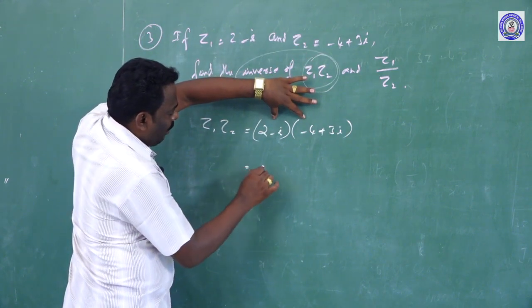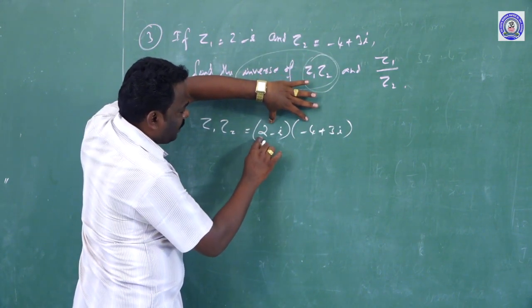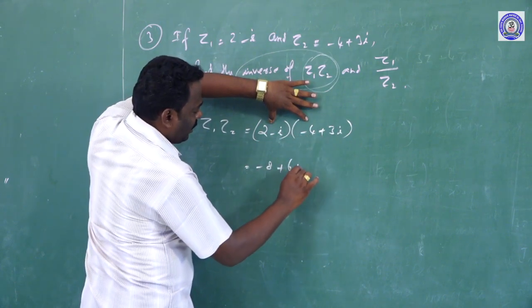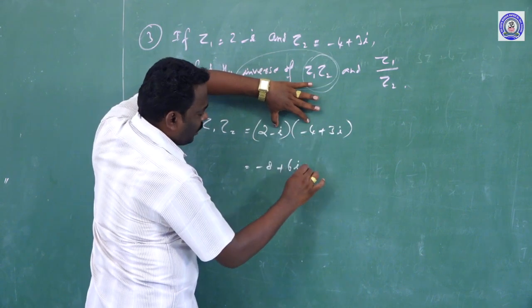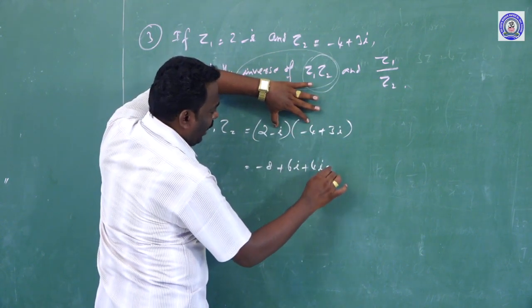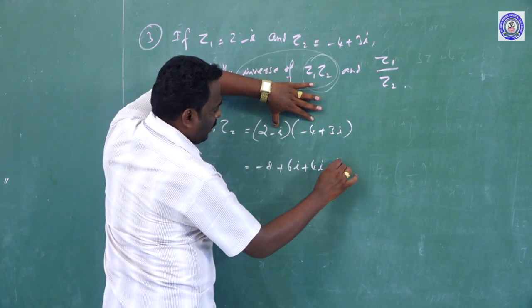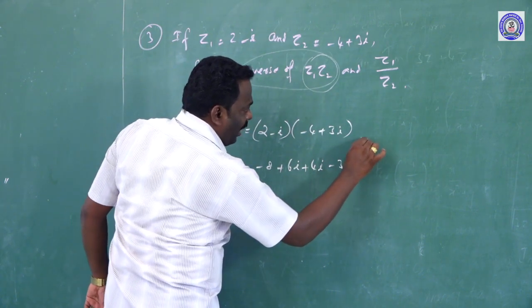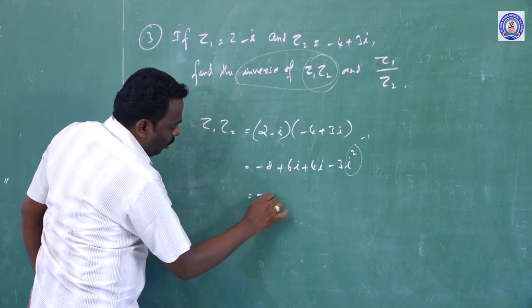How to do it? Ordinary multiplication: minus 8, then plus 6i, then plus 4i, then minus 3i square. We know i square equals minus 1, so that is minus 8.